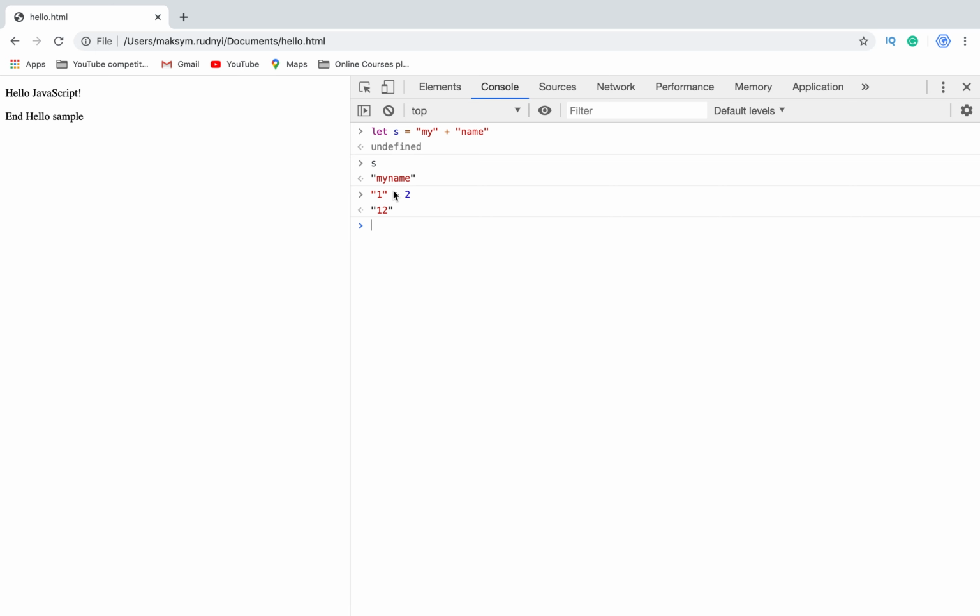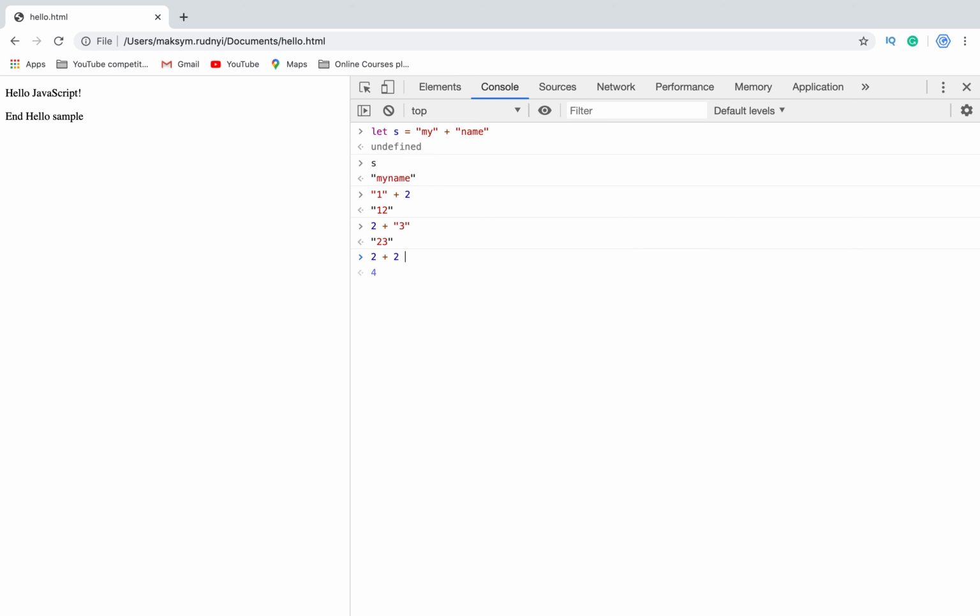And the result, what do we have? We have 12. Because if we have at least one string in operation, both parts will be converted to strings. The same case. So remember, if one of the operands is a string, the other one is converted to a string too. It's a rule.